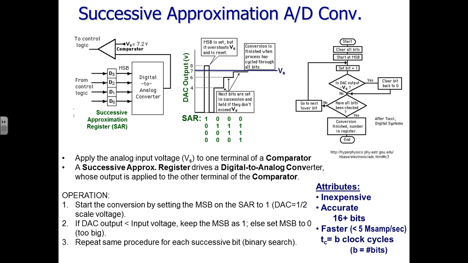In the successive approximation converter, I basically just do one test per bit. So if I had an 8-bit converter, I would need only 8 tests, 8 cycles to get the answer. So the number of clock cycles it takes to do a conversion in a successive approximation converter is exactly the same as the number of bits we're trying to resolve. So these are much faster.